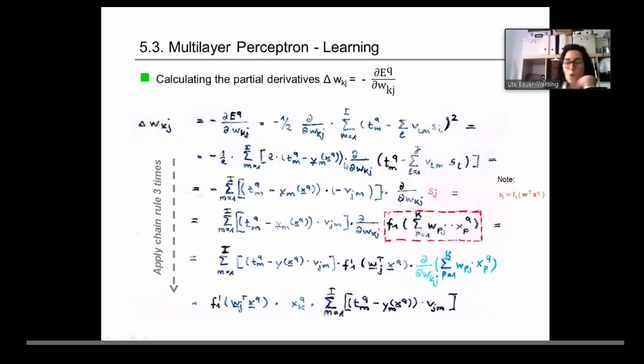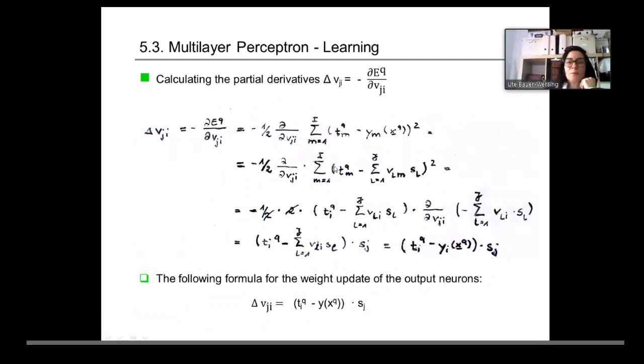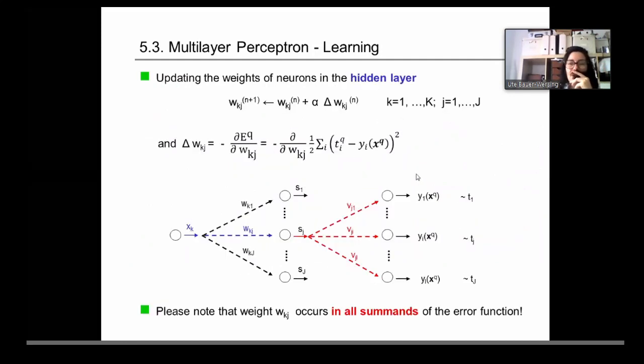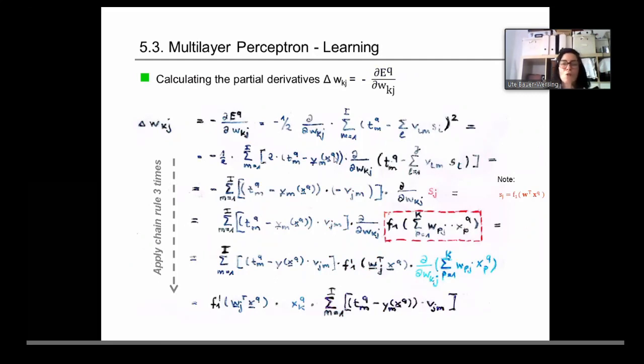When we compare this to the sum here, what happened next in the output neurons? We got rid of the sum because the V values only occur in one of these sums. That's not true for the hidden layers.